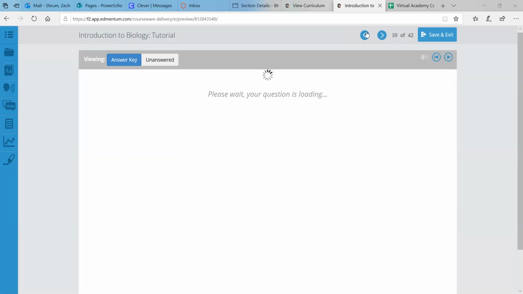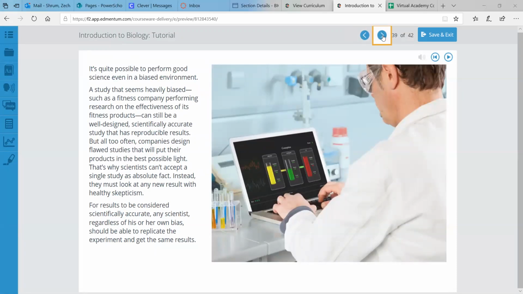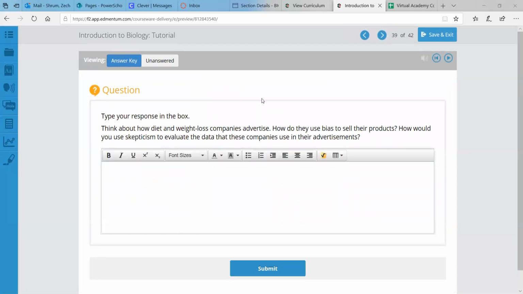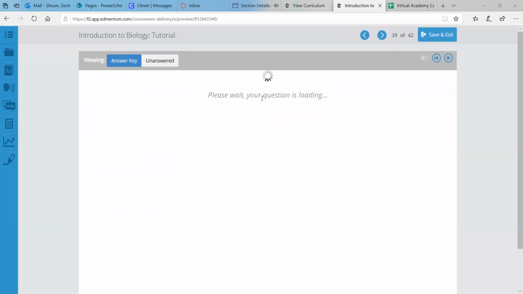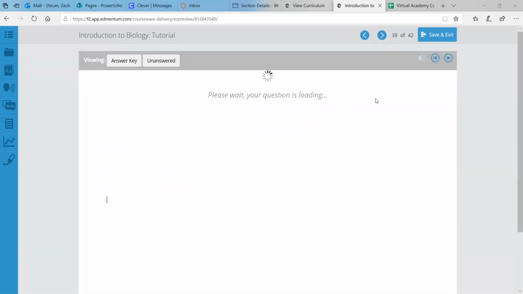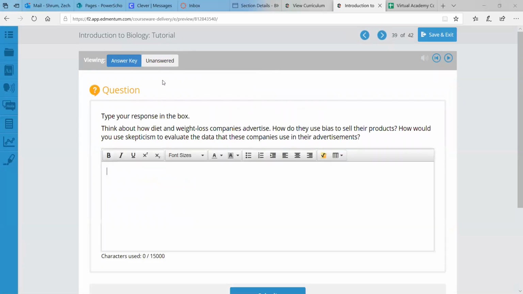I guess this question's not going to load. Oh, there we go. Well, I think it said, think about weight and diet and how diet and weight loss companies advertise. Yes, they use bias.